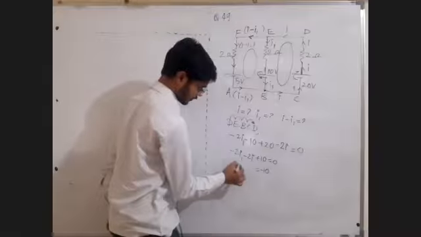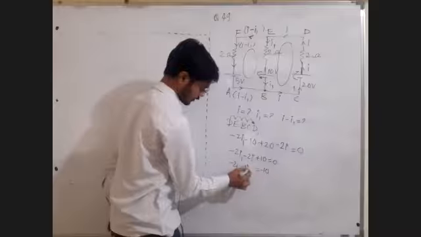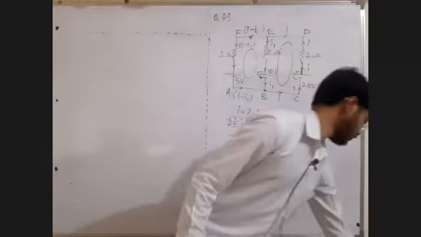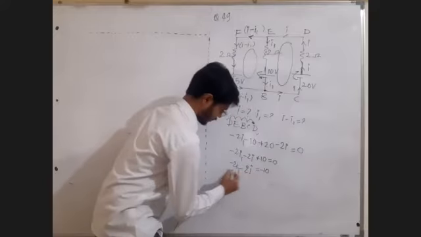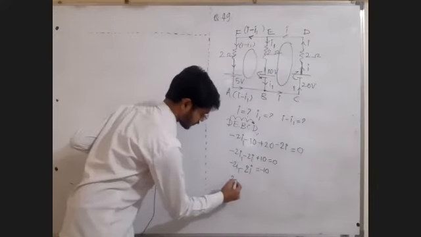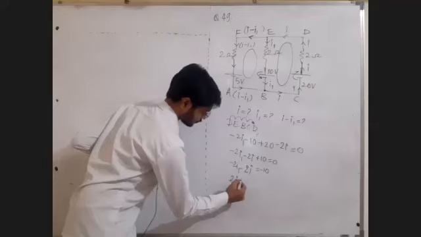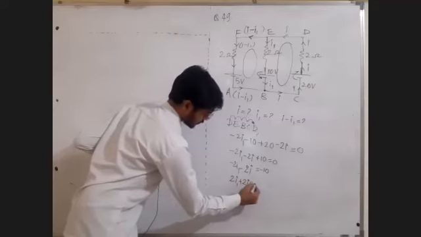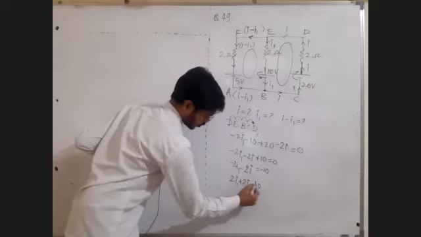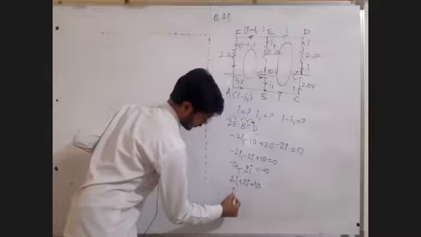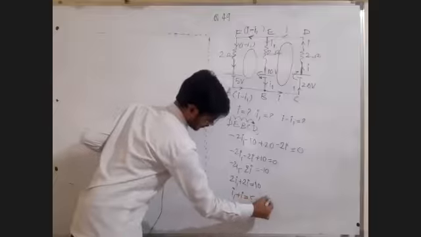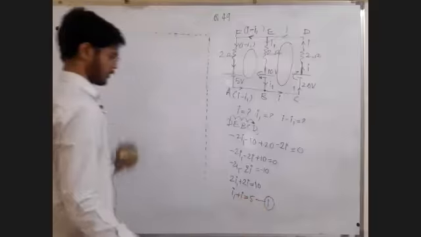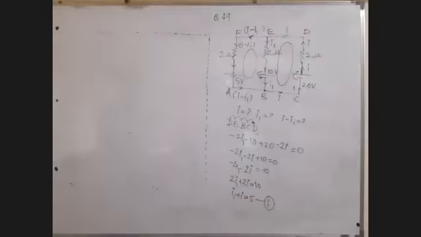Minus 2I1 minus 2I equals minus 10, the minus signs cancel, so 2I1 plus 2I is equal to 10. Cancel the common 2: I1 plus I is equal to 5. This is my first equation.